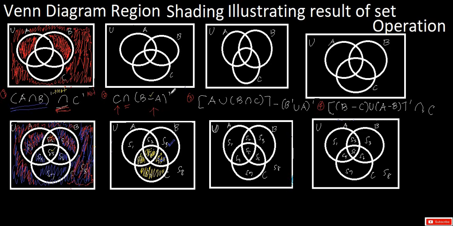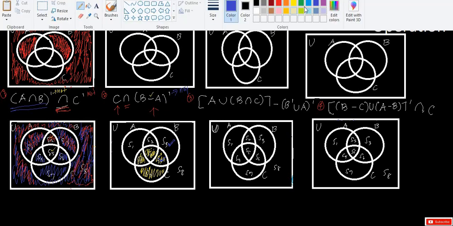And for the final result of the operation, we are going to take the complement of the difference of set B and set A. The meaning of complement is not the difference of set B and set A. So therefore, we are going to shade the regions using another color.